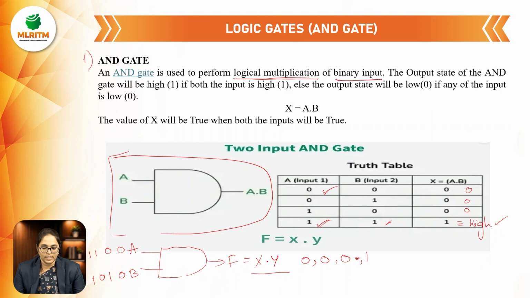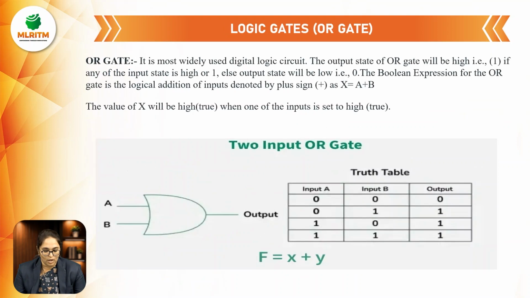The next logic gate is the OR gate, which is the second logic gate.